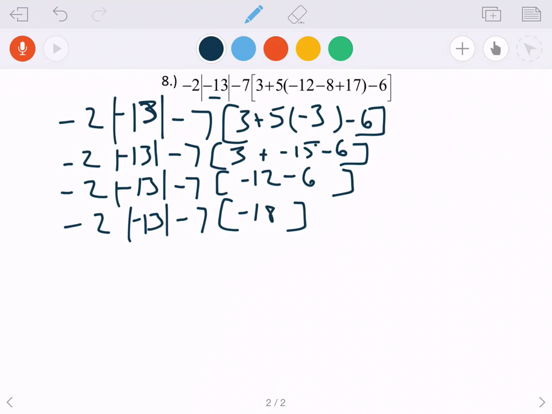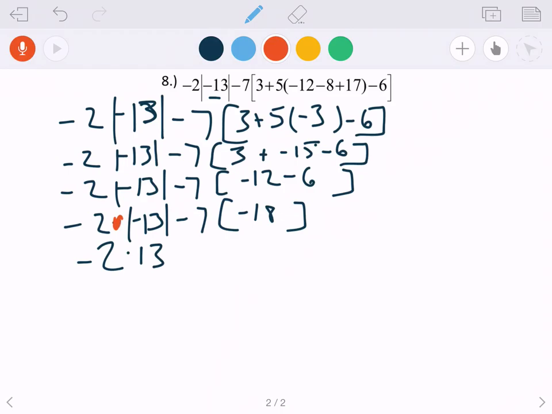So now, the next thing I'm going to do, technically absolute value is an example of grouping. So I'm going to go ahead and change this to a positive 13. Notice how there's no sign right there.